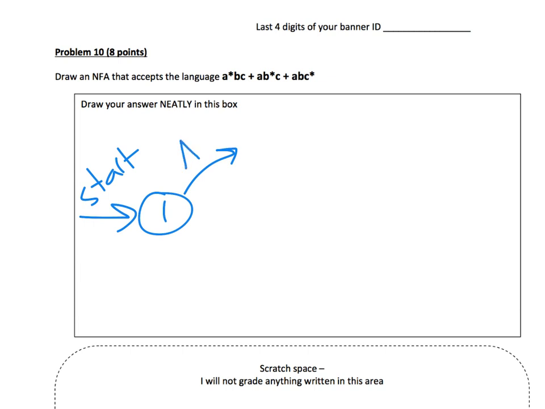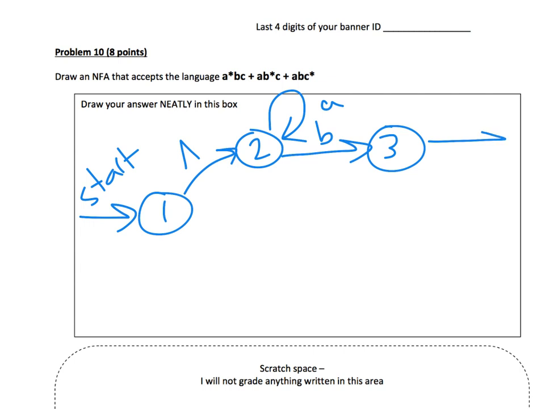So let's make that a lambda, and there's a 2, and I want this to be A star BC: as many A's as you want, followed by a B to get to 3, followed by a C to get to 4, and we'll make 4 a final state. So there's one option.